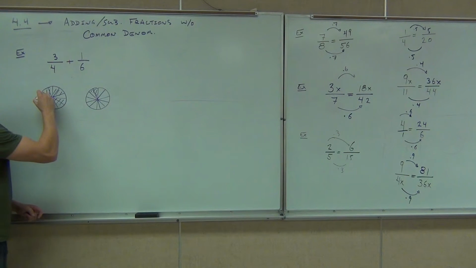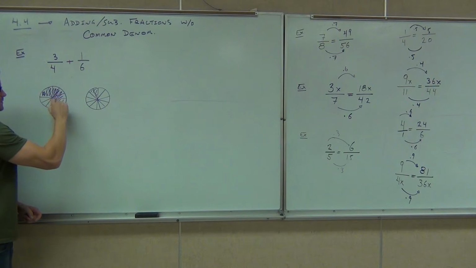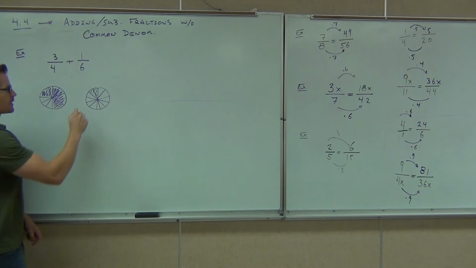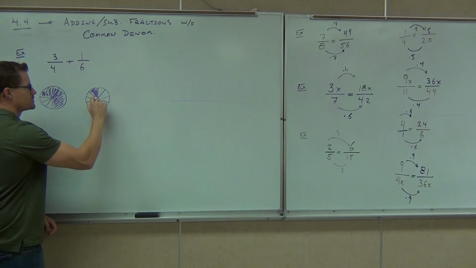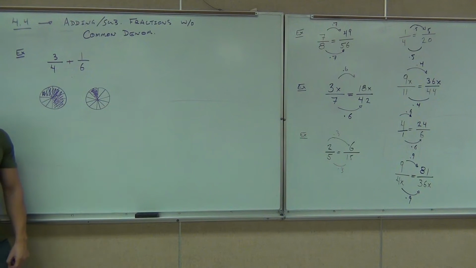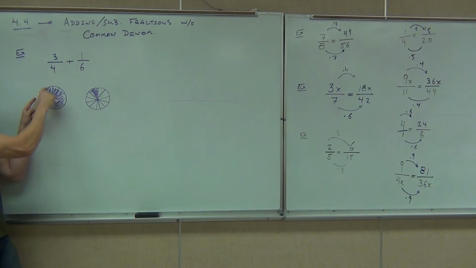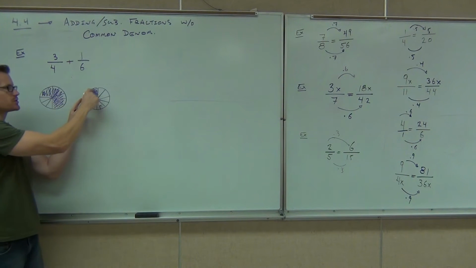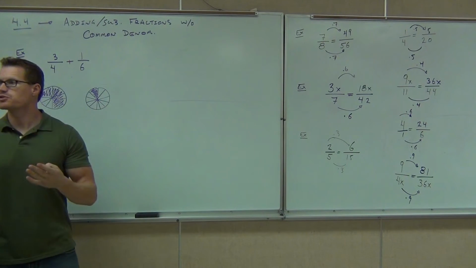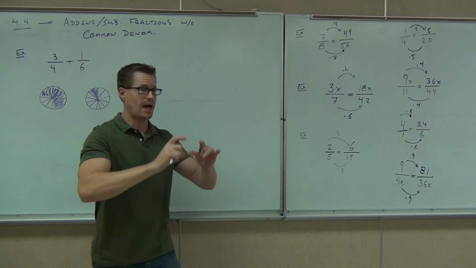Now, if I filled this in, that was this whole region. And that was these 2 regions now. Do you see the difference in the picture? Can you see how now I could add up 1, 2, 3, 4, 5, 6, 7, 8, 9 out of the 12, and 2 out of the 12. If we have 12 slices now, I can directly add those pieces together.